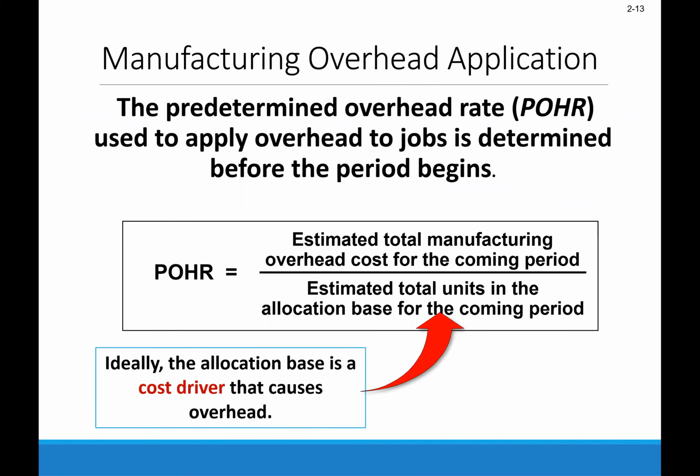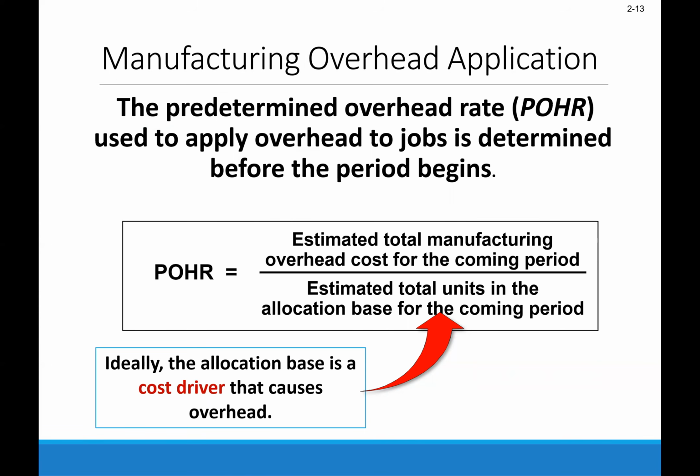This predetermined overhead rate, POHR, we are going to use to apply manufacturing overhead to jobs. We have to do this at the start of the period. It's a guess, it's an estimate, but we have to use some method to allocate these costs because it's a significant piece of the cost.